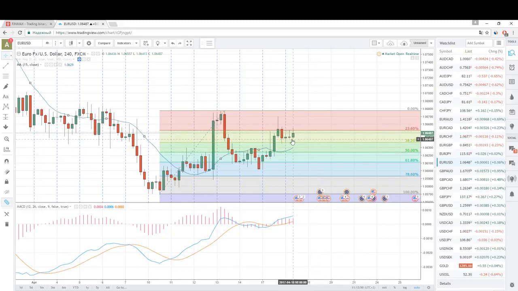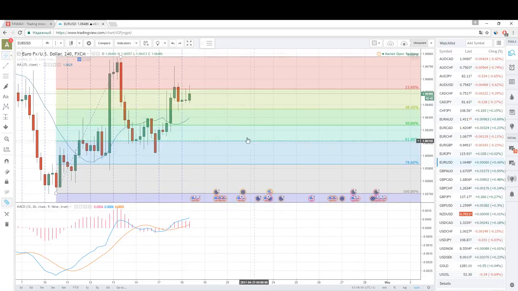So it's not static. The Fibonacci lines, they are static, and that's really important, and that really helps to predict the movement and to make fast analysis, because basically you can draw this retracement once, and in several hours or in several days you will enter the chart, and you will see that it's still there, and you will see that the analysis that you made previously may help you to make the further analysis for the current market situation.